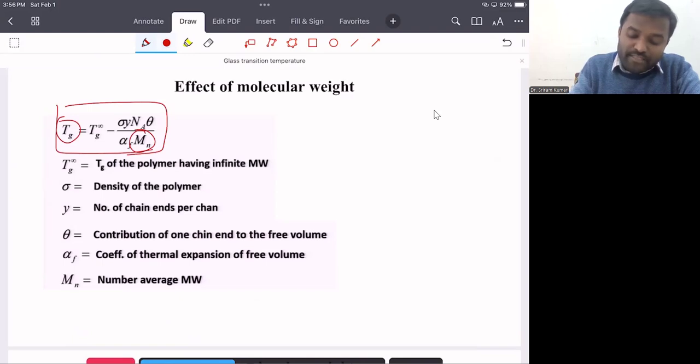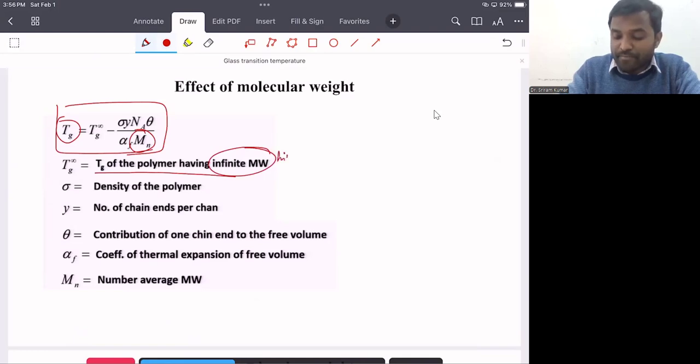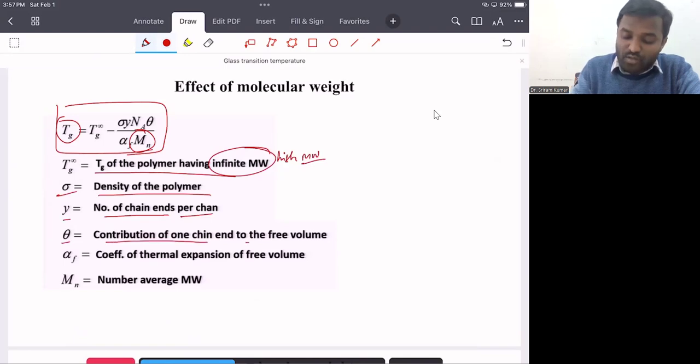Tg infinite means the glass transition temperature at very high molecular weight. And here sigma is the density of the polymer, y is the number of chains, and theta is the contribution of one chain to the free volume. Alpha F is the coefficient of thermal expansion of free volume, and M is the molecular weight.